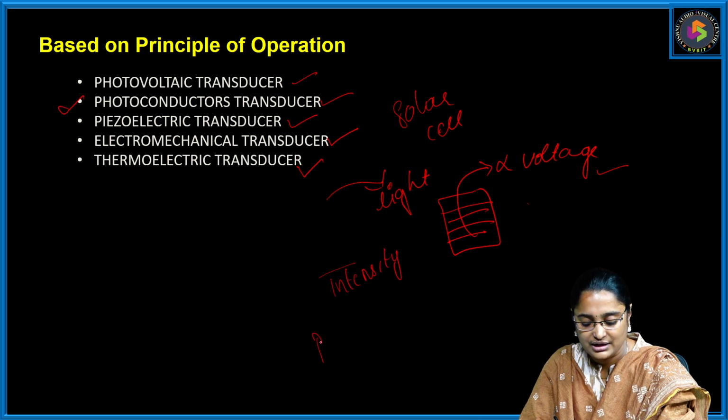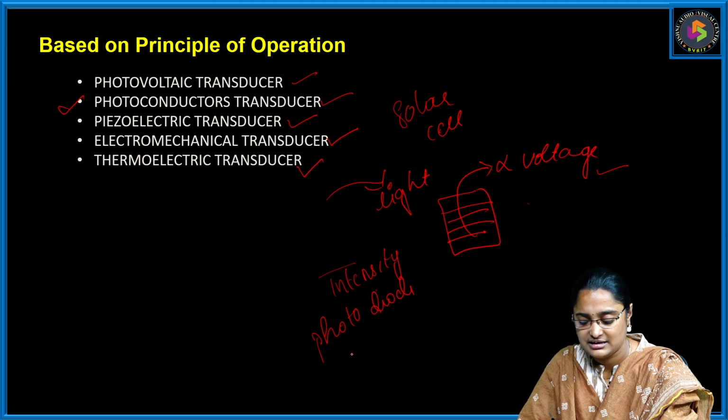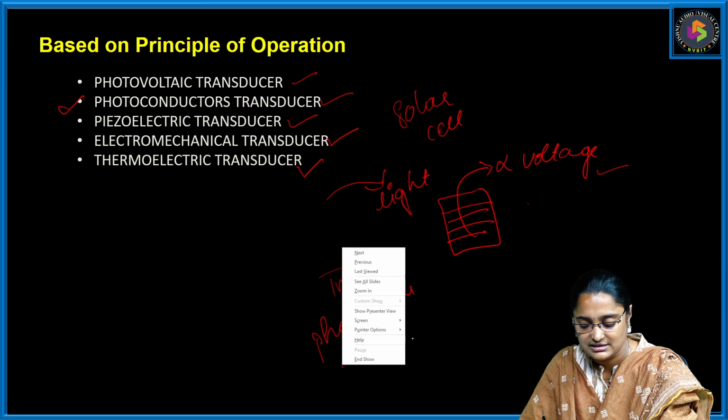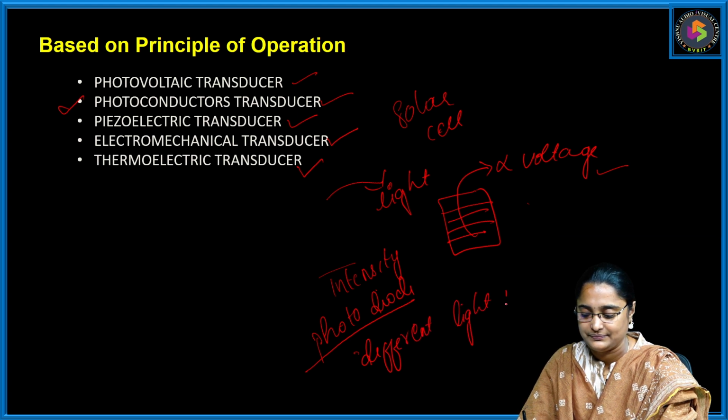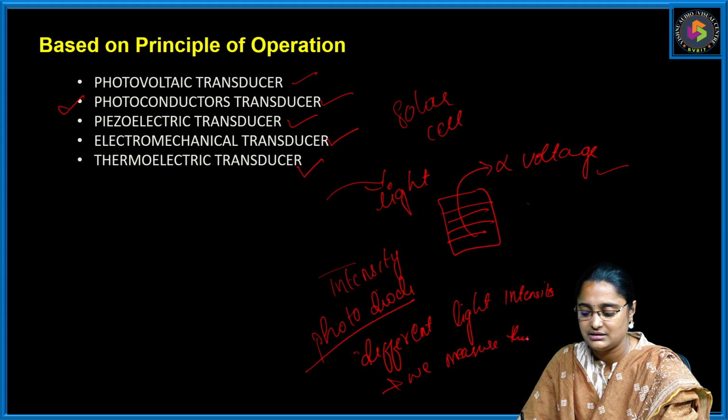When we do the photodiode experiment in our labs, we take different light intensities and measure the voltage or current levels.